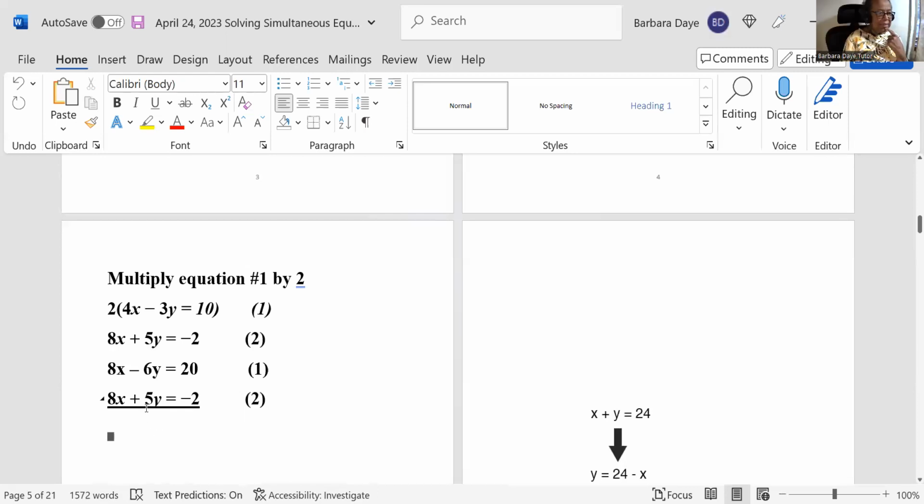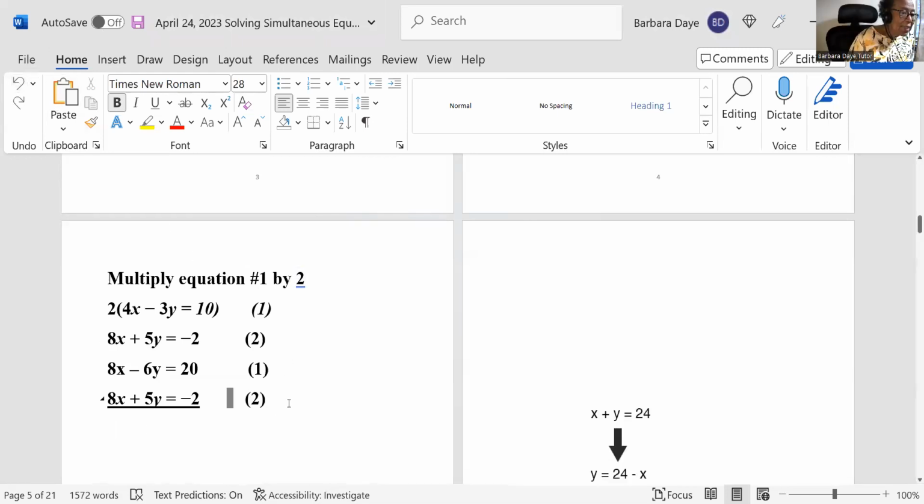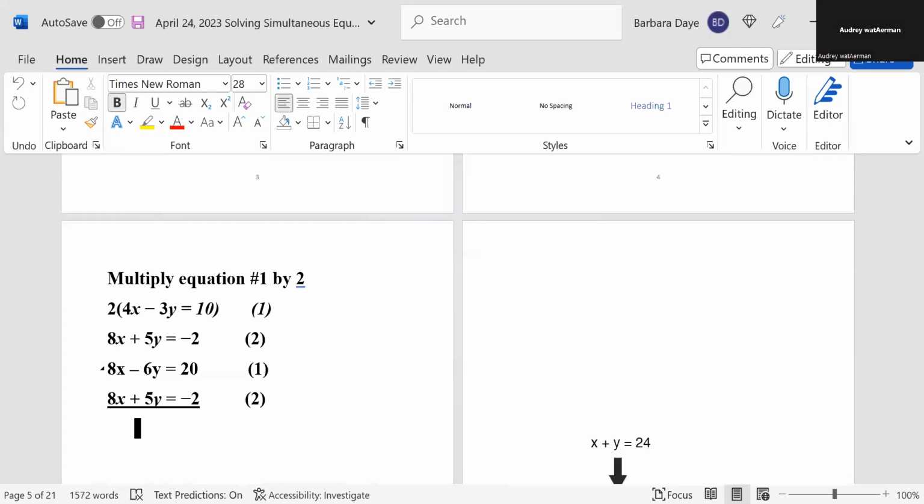And what's minus 6Y minus 5Y? That's minus 11y.